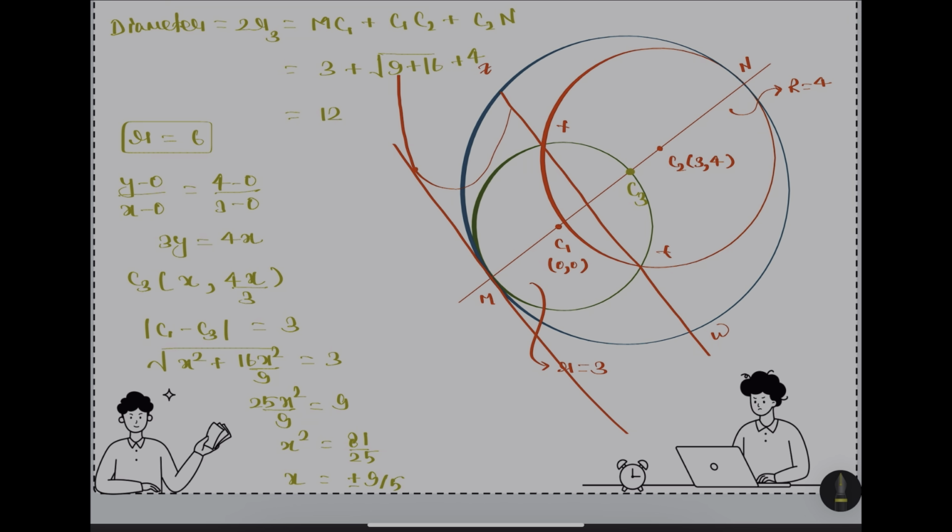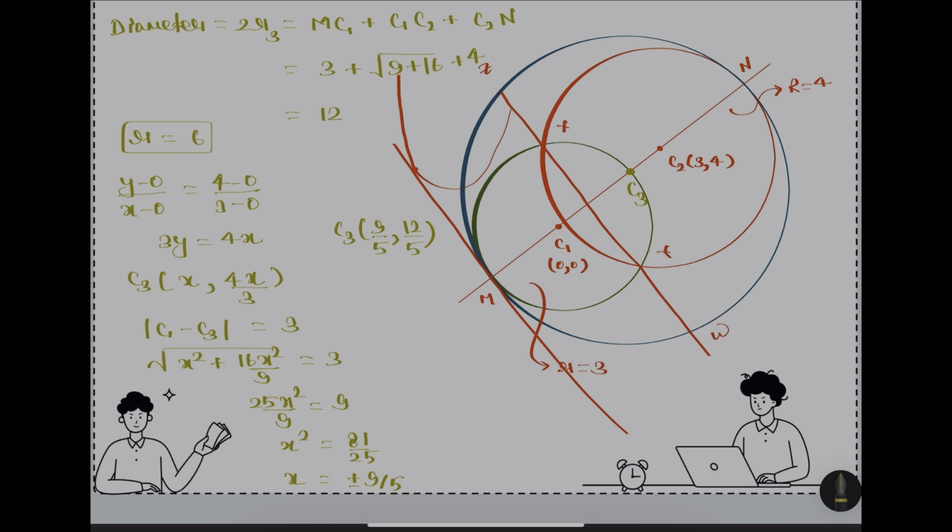Okay, so you got 2 points. First point is C3 and second point is M. So let's write down the point C3. Look, it is above x-axis, no? So I'll go with positive one. So it is 9 by 5, comma, 4 3 is 12, 12 by 5.